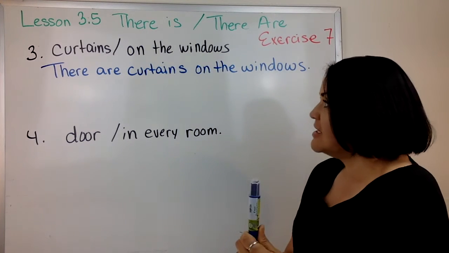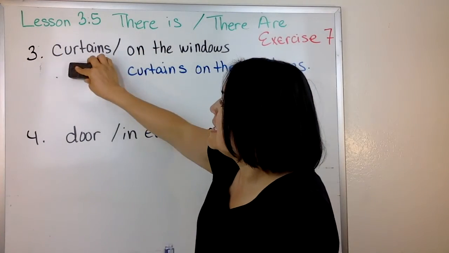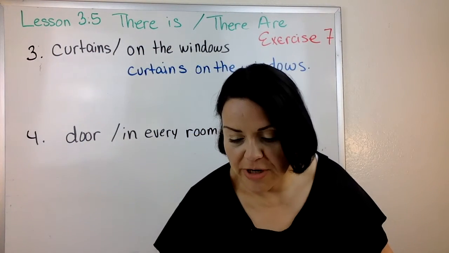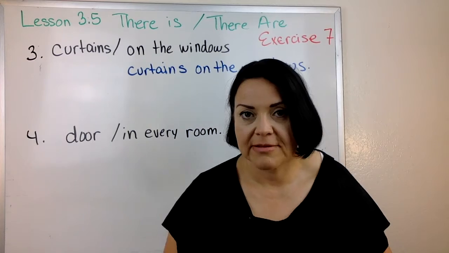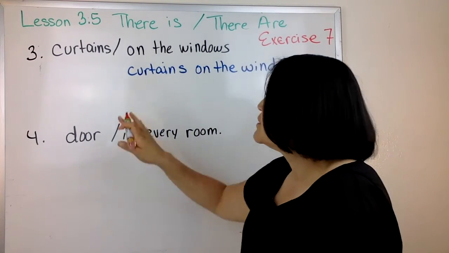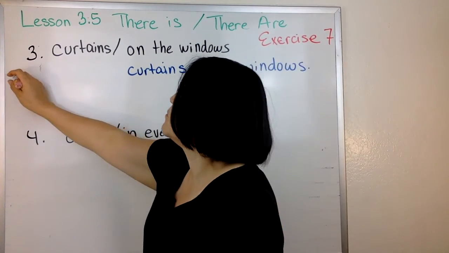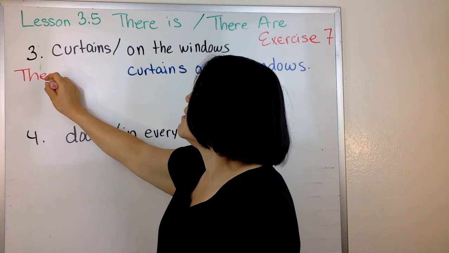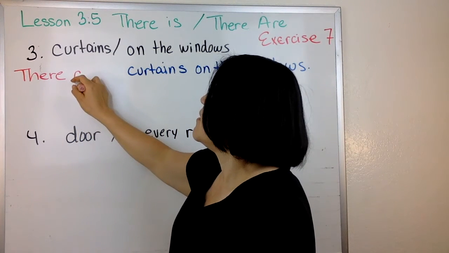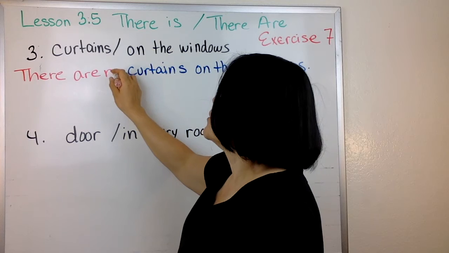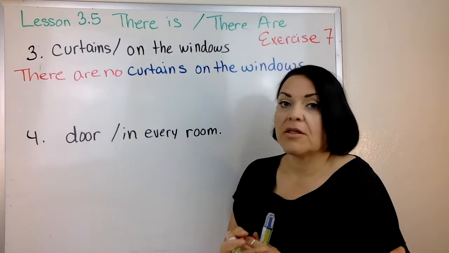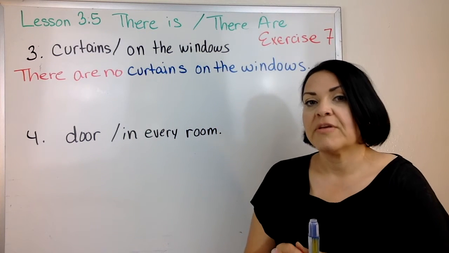So I'm just going to erase this for me, and we're going to write, I'll use red, okay? So to make this negative, we would write there are no curtains on the windows. Okay?